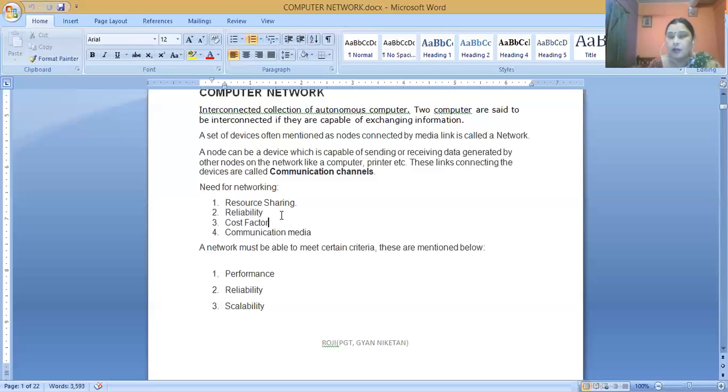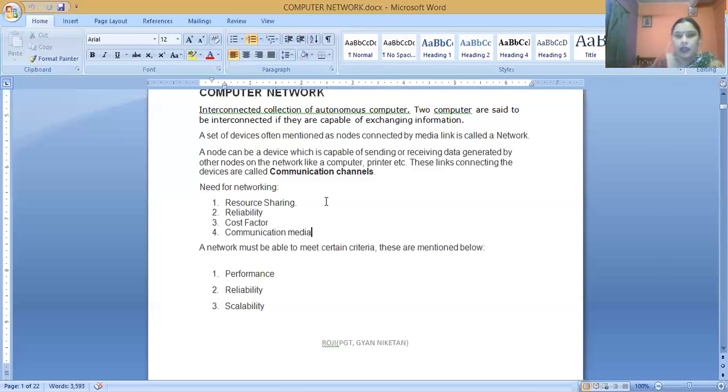That means the cost factor is also considered. Means we do not need to install separate hardware devices in each host. Communication media: by using networking, we can easily communicate from one device to another. It is a means of communication media.